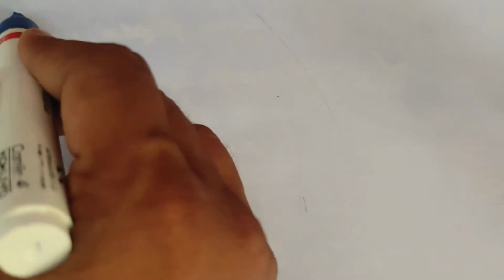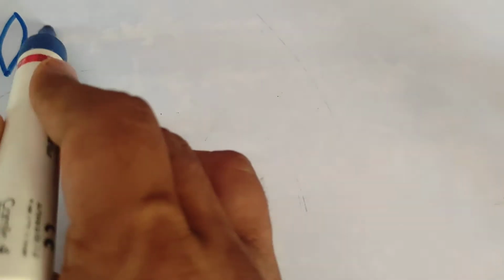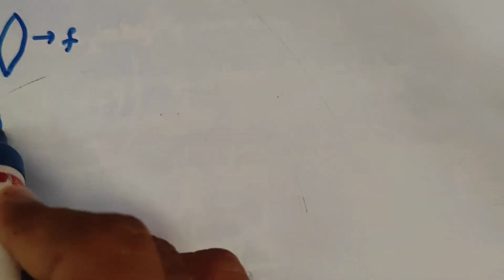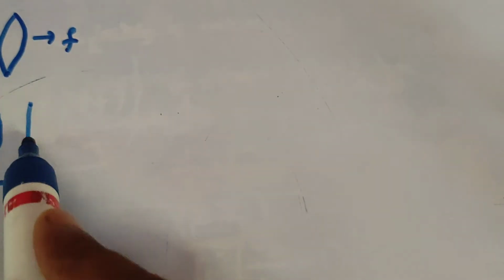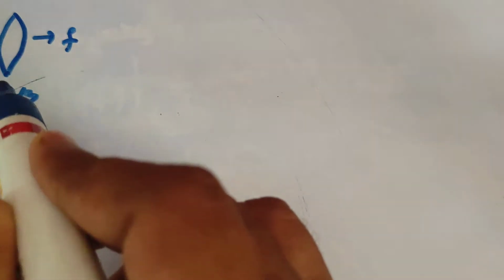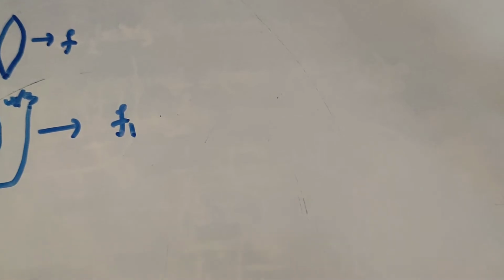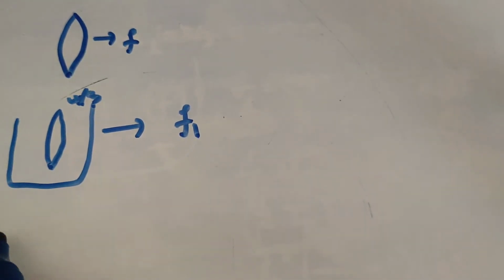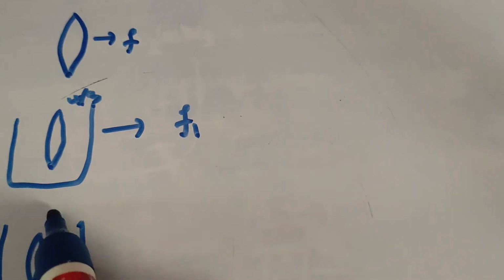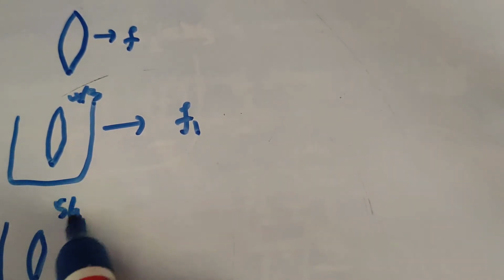So here this is a thin convex lens. It has focal length f, small f. When we immerse it in a liquid of refractive index 4/3, the resultant focal length of the thin lens is f1. If the same lens is immersed in a 5/3 refractive index liquid, the focal length will be f2.